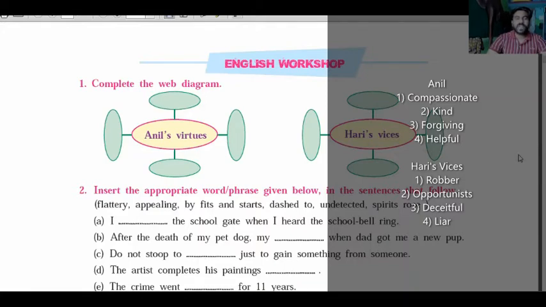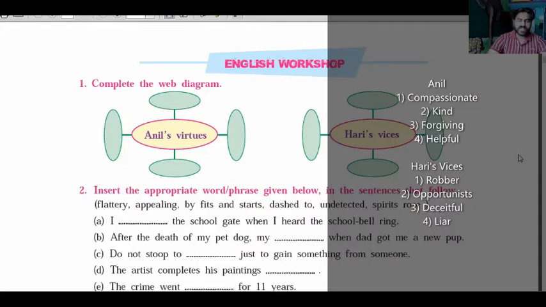In that, first we have to write compassionate. I am solving here in my notebook. So we have to write compassionate in the first left diagram. Then in the second diagram we have to write kind hearted. As we saw in the story, Anil was a kind hearted man, a very simple man.